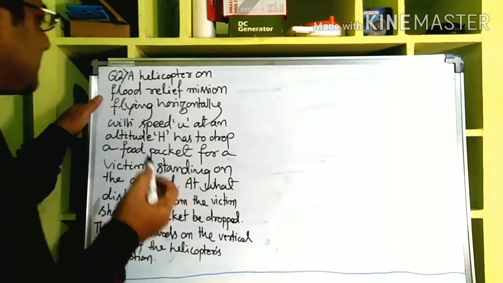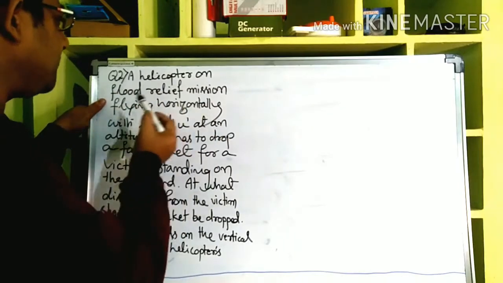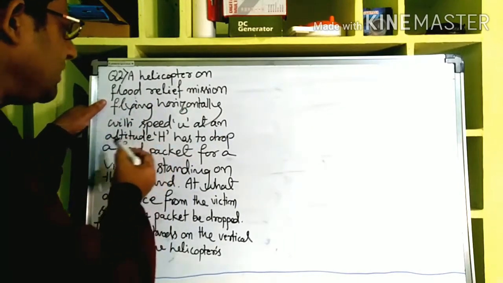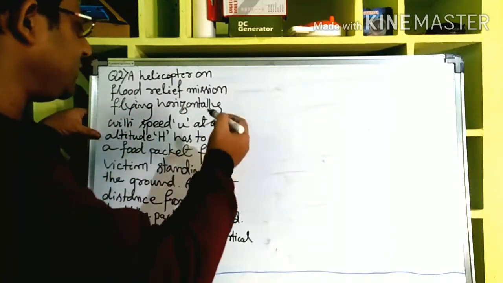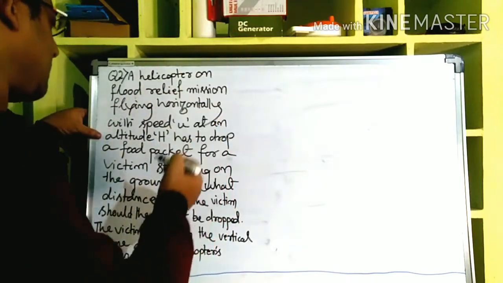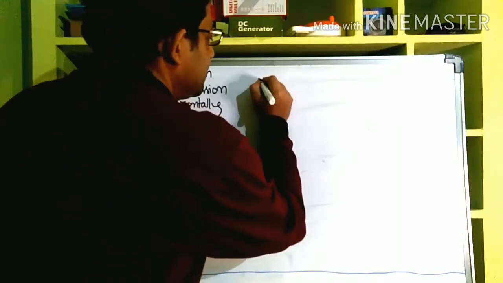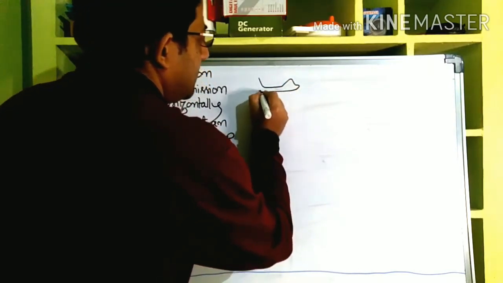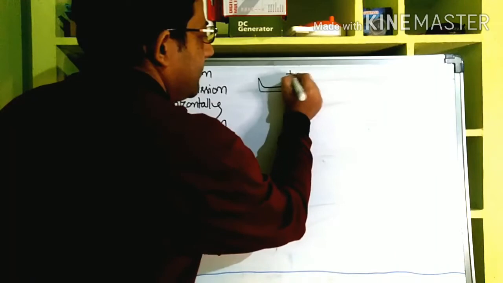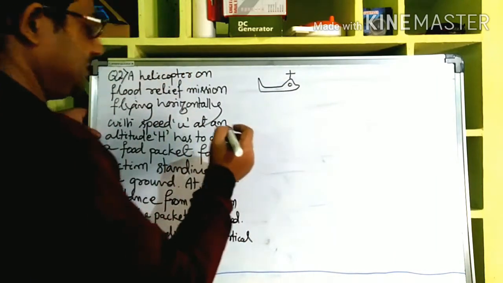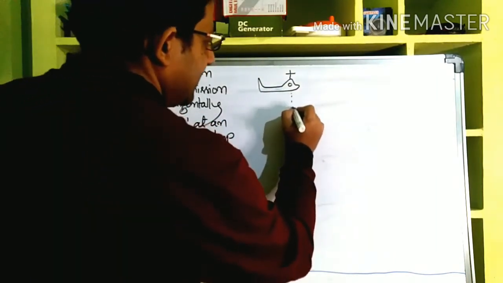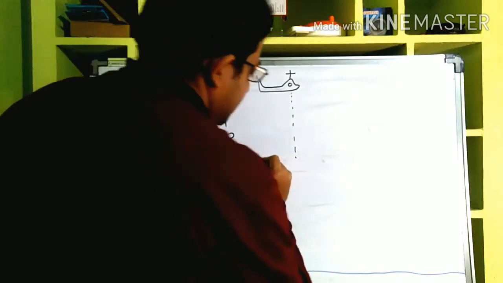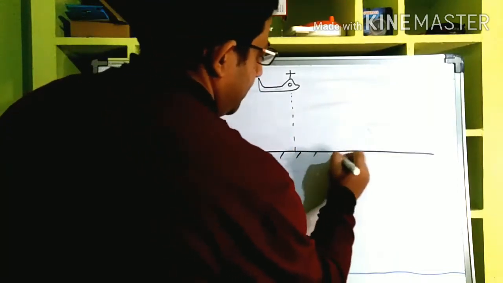Let us see what it says. Let's try to understand. So the helicopter is flying at height capital H. This is the ground.